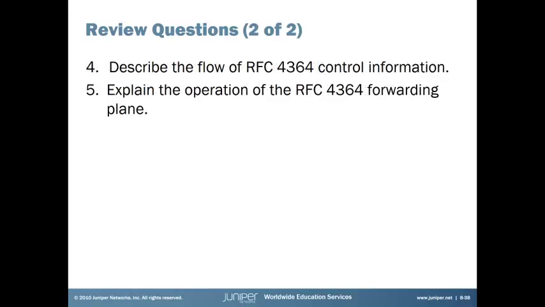Okay, describe the flow of the control information. Well, there's a bit going on there. The PE adds the route distinguisher and the MPLS label, and advertises the route to the other PE. What else does it add? It also adds a route target, and it could also add a site of origin.